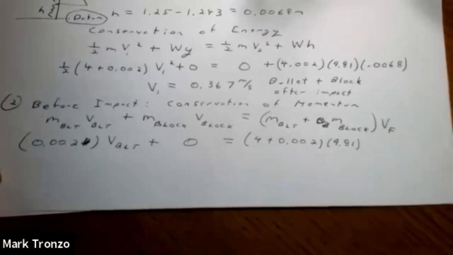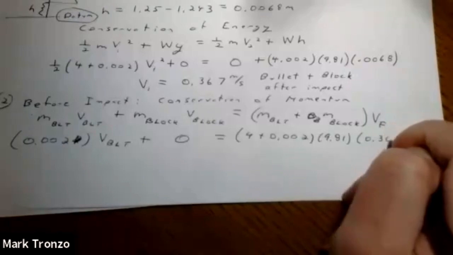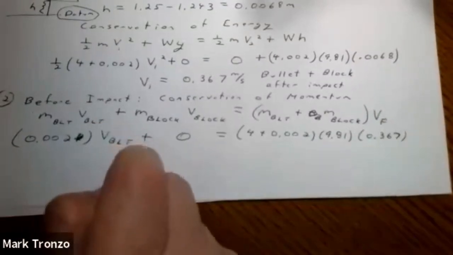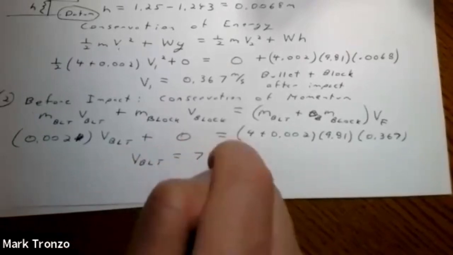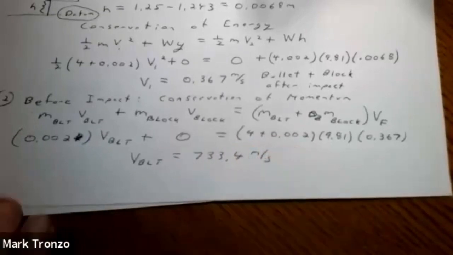And we calculated the velocity of those two together. So the velocity of the bullet, when you put that in your calculator, you get about 733.4 meters per second.